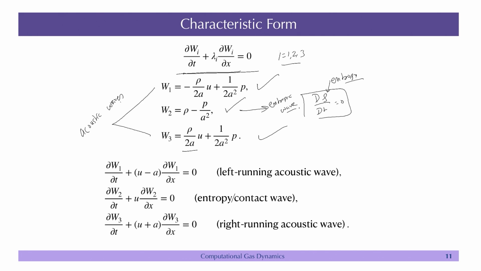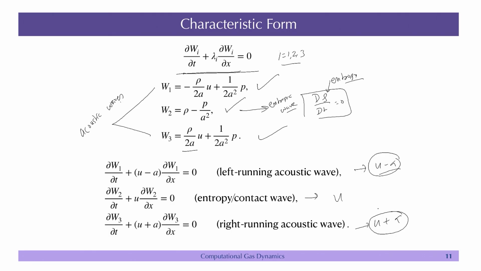The entropic wave basically moves at the speed u, and then we have something moving at u minus a speed and something moving at u plus a speed. So, this is called the left running acoustic wave, and this is the right running acoustic wave. So, if you write in this form, you have three different waveforms W1, W2 and W3, moving at different speeds u minus a, u and u plus a.